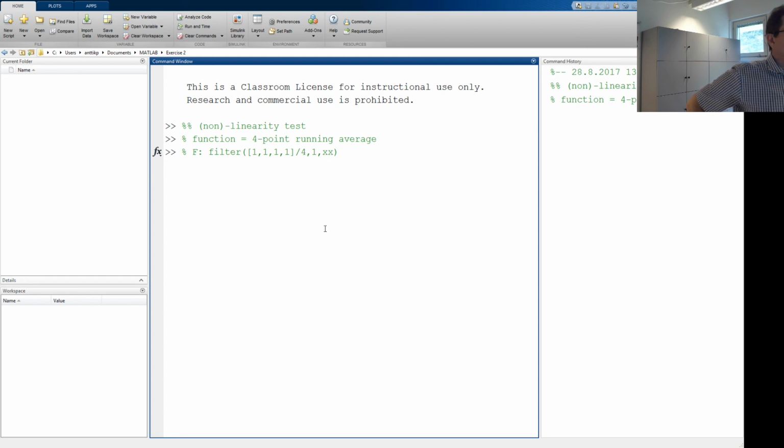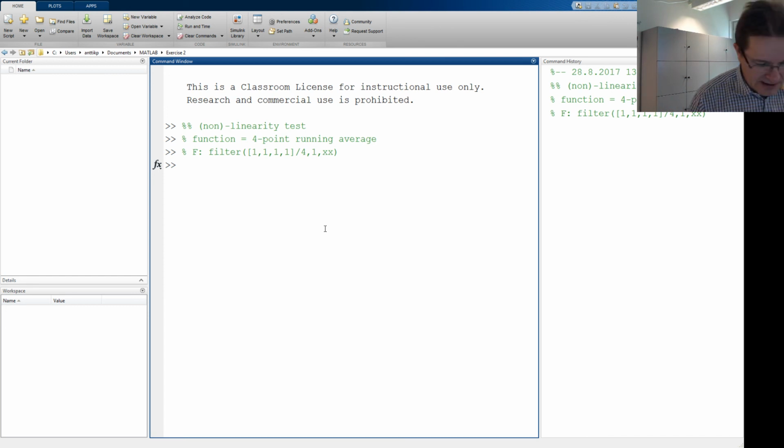You can always do the convolution yourself, but anyways, this is the brute force approach. Are we going into this one next week, or maybe even this session? I'm not sure yet. Anyways, filter is an implementation of an LTI system. I already know that this function is linear, but I will test it anyways.